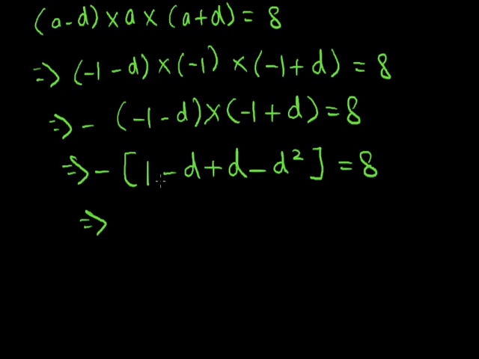After removing the bracket, as we see there is a minus D and plus D, so we can cancel this D, and what we'll get is -1 plus D square is equal to 8.